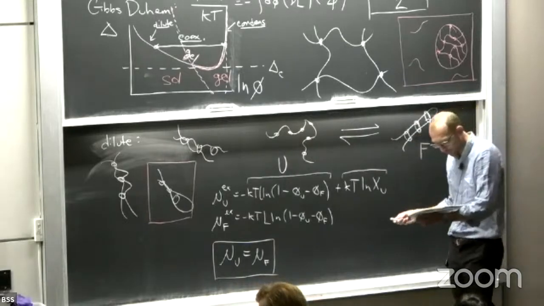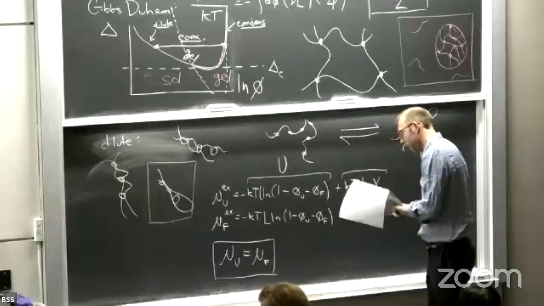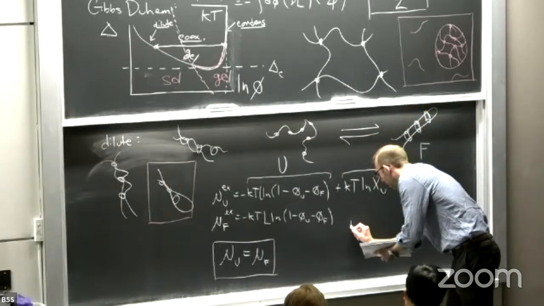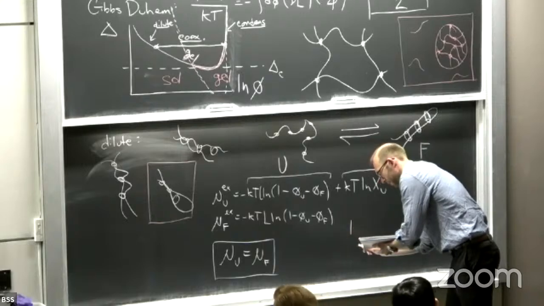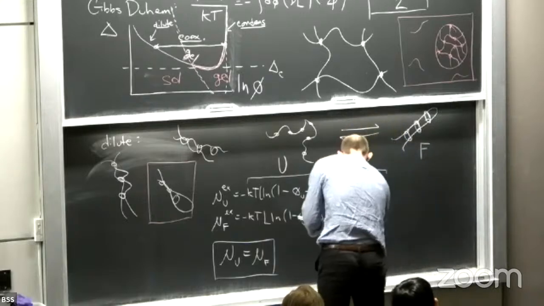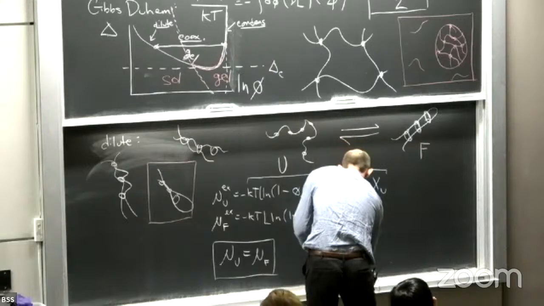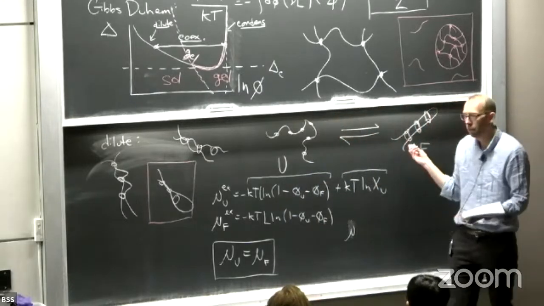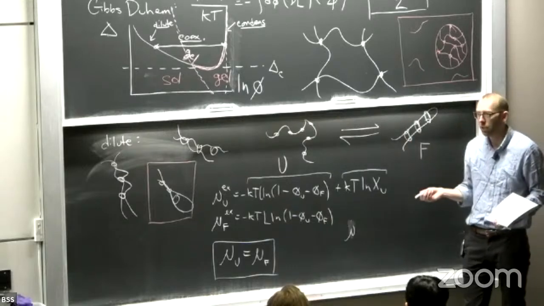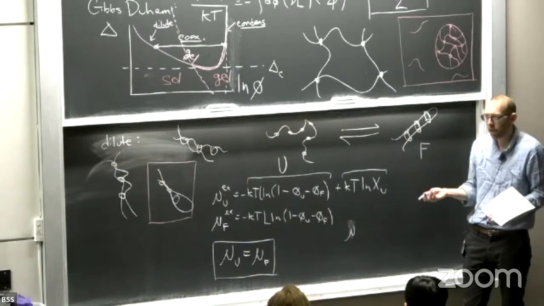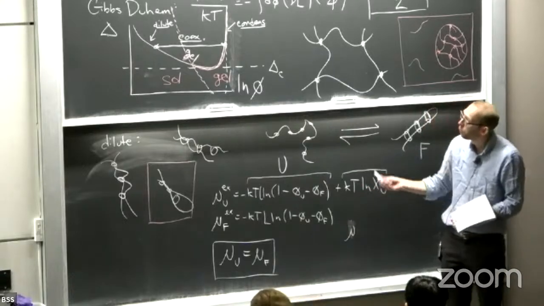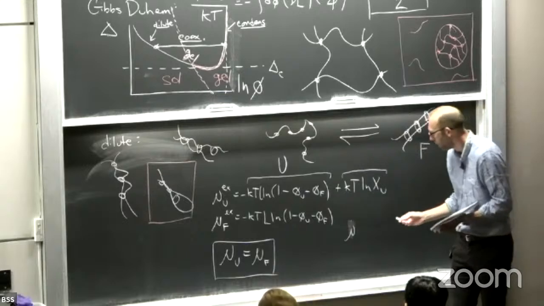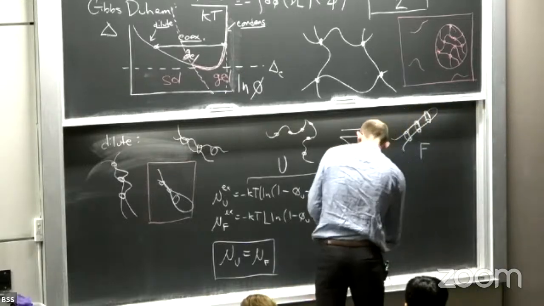So what we should do is say, strong binding limit, only 2 species. Of course, it's an approximation, but this should work pretty well if we go to very strong interactions.